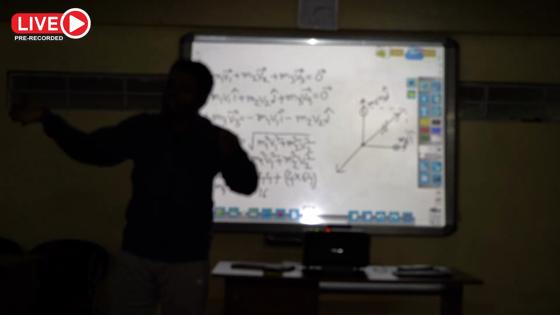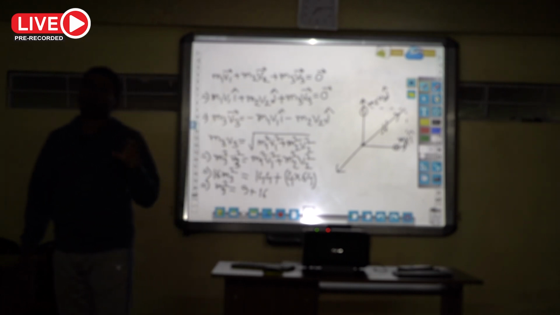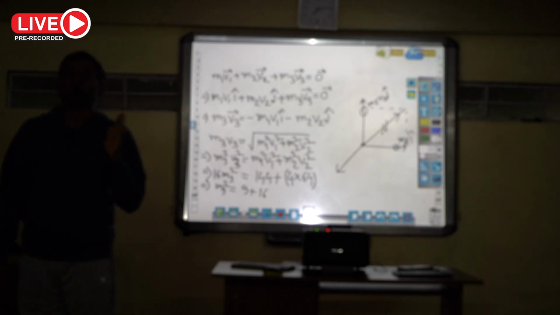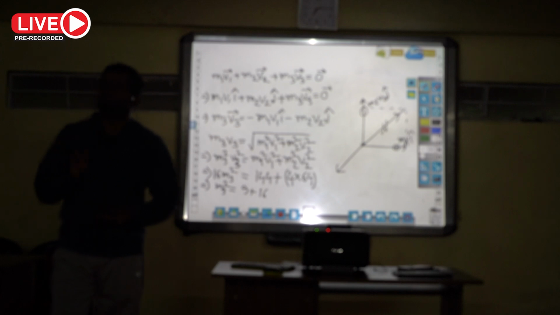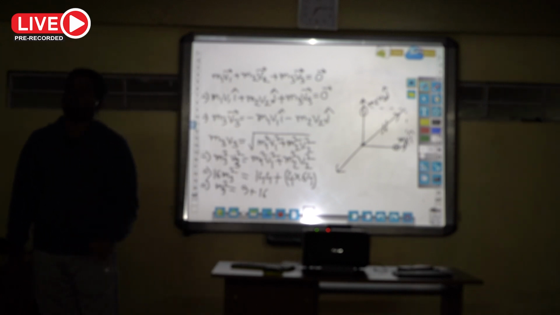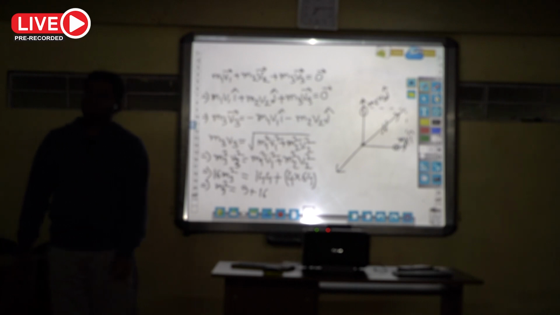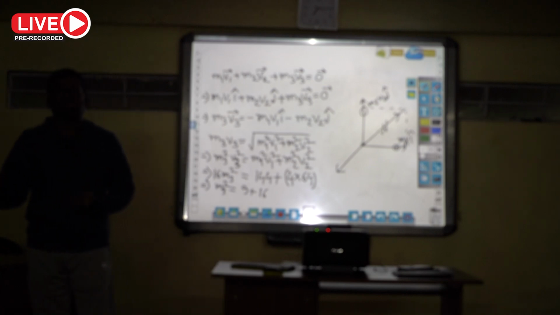So within that time, the effect of the internal force is so strong that we can neglect the presence of gravity and treat the problem as if it is not acted upon by any external force and apply conservation of linear momentum. This is the logic behind applying conservation of linear momentum in explosion problems. Gravity is present, but its effect is so small that we can neglect it.